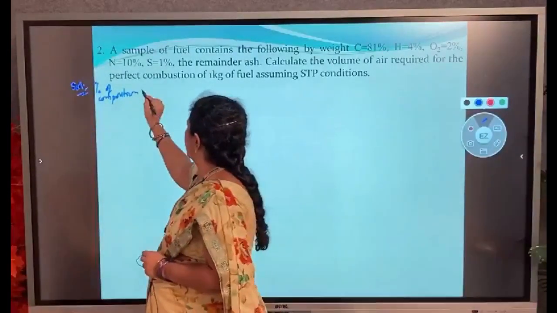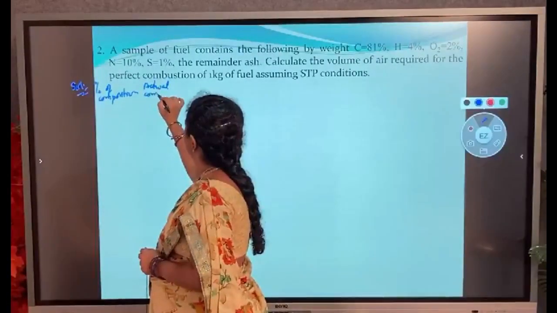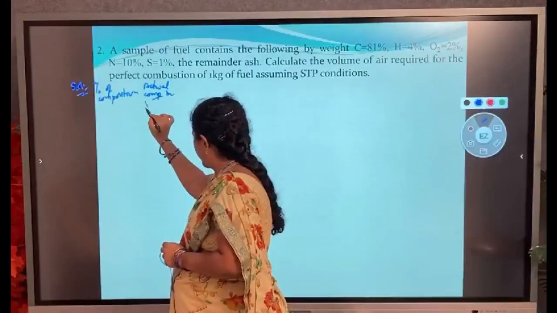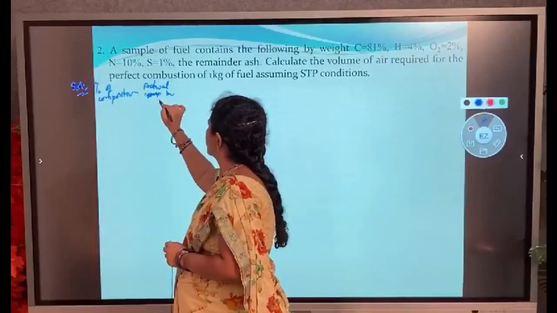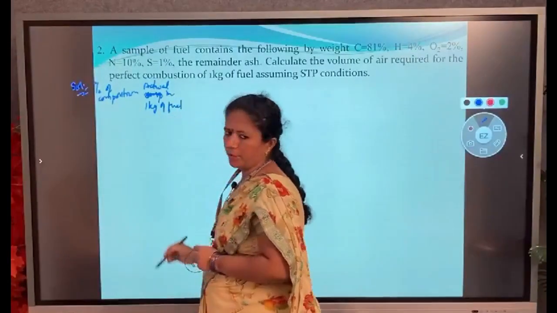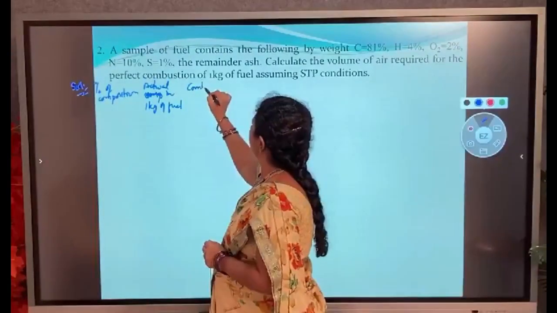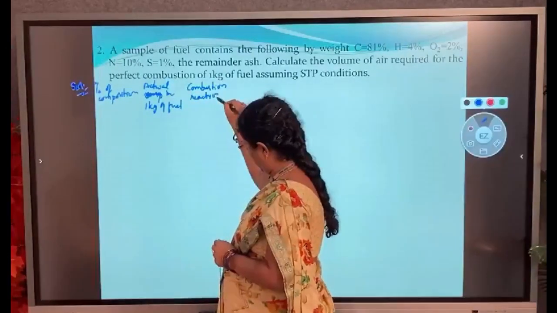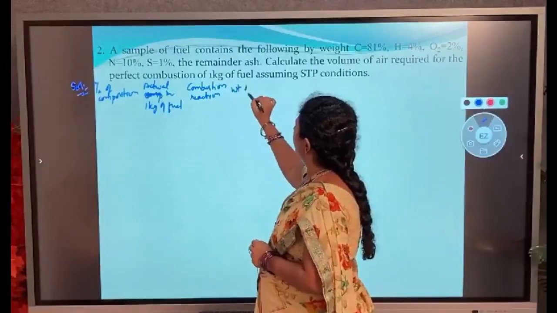Next, actual composition in 1 kg of fuel. Next, combustion reaction. Next, weight of oxygen required for combustion.